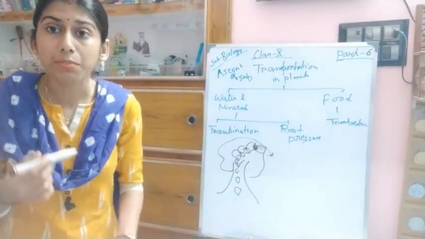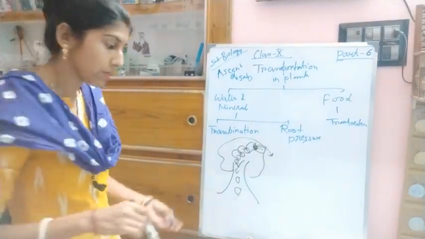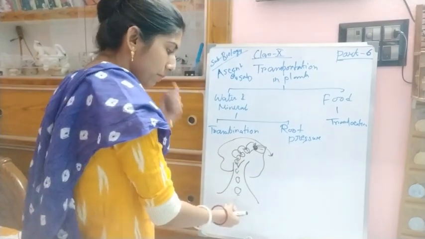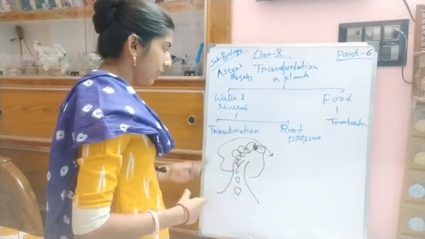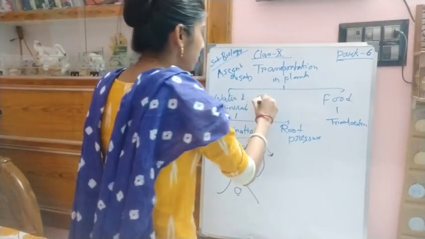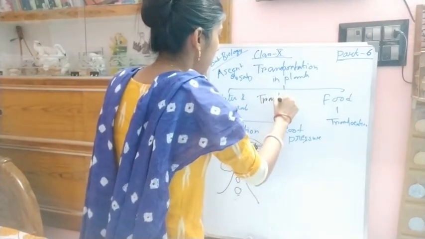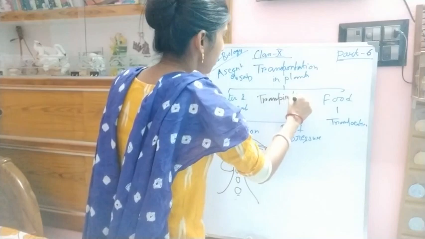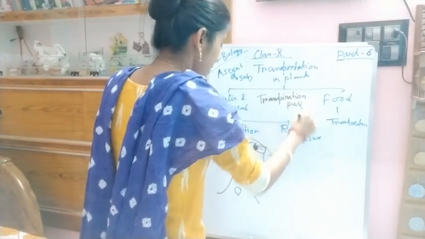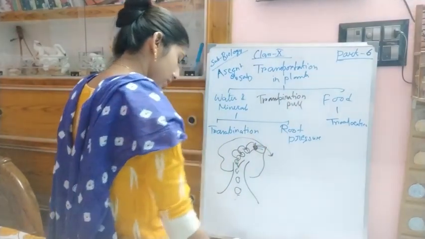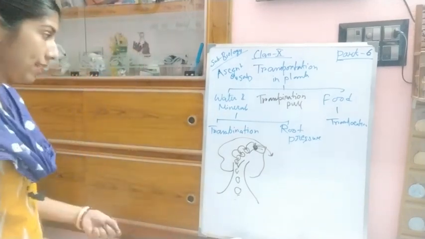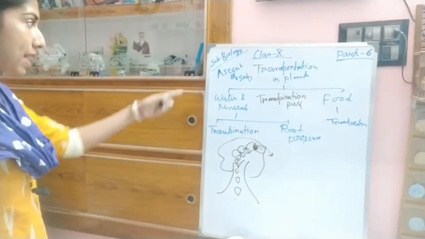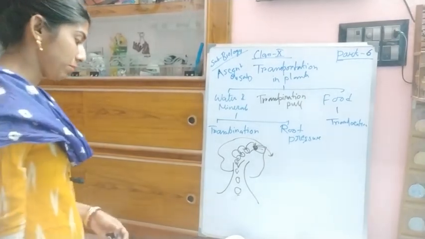That means a suction pressure will be created, and due to that pressure water is moved into the plant body. This is called transpiration pull, and that property is called ascent of sap.